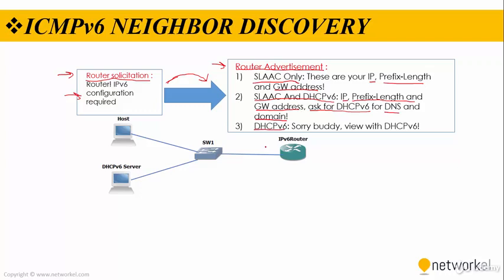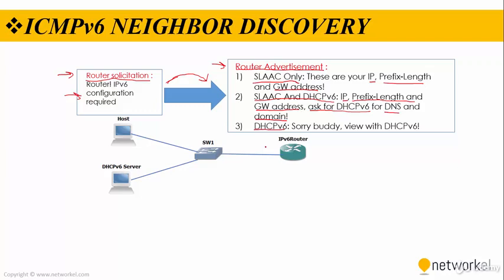In addition to the router solicitation and router advertisement messages, we have the neighbor solicitation message. The neighbor solicitation message is sent to the multicast address of a neighbor whose MAC address is unknown when a device knows the IP version 6 address. That is similar to IP version 4 ARP.